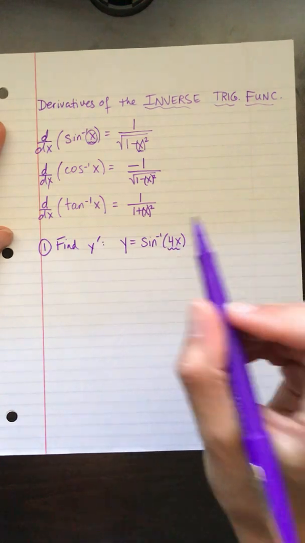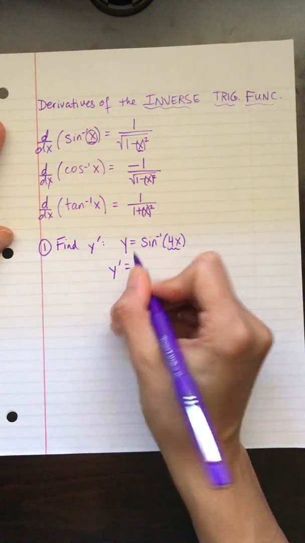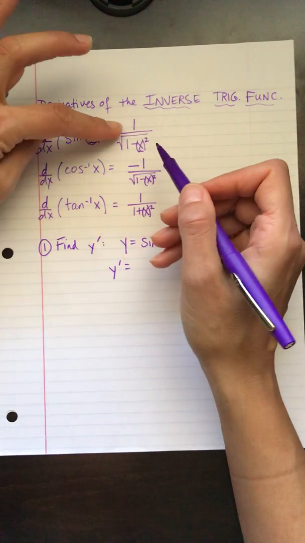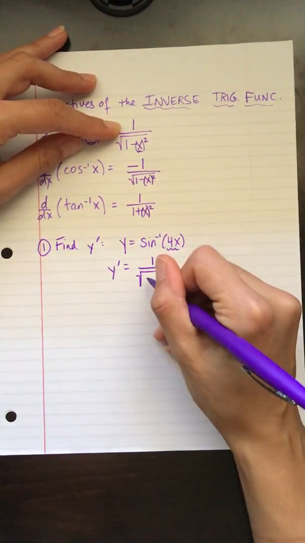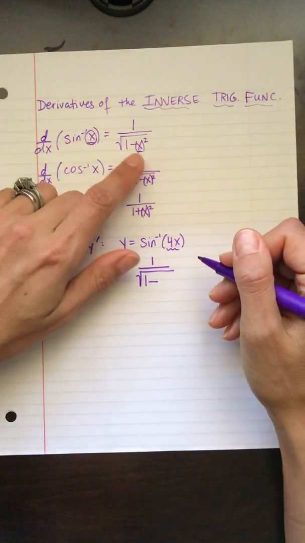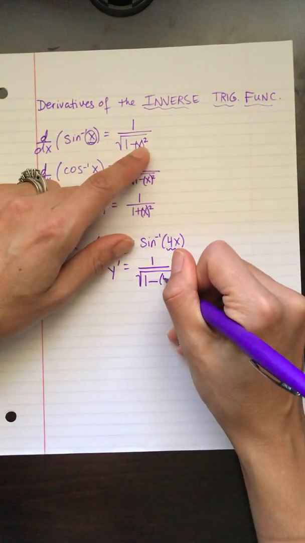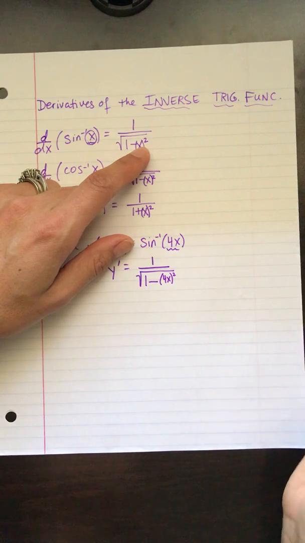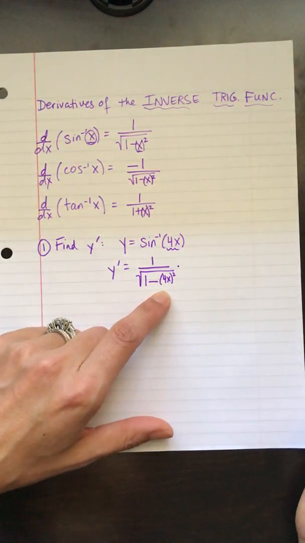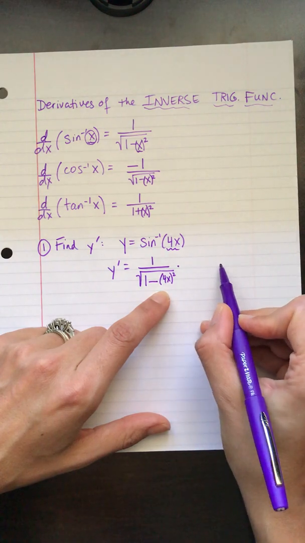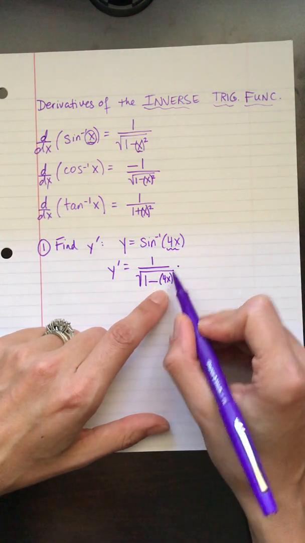So here we go. The derivative, following this formula, is going to be 1 over rad 1 minus argument squared, 4x squared. Do you see that? Parentheses 4x squared, times, chain rule is going to kick in, the derivative of the argument. What's the derivative of 4x?